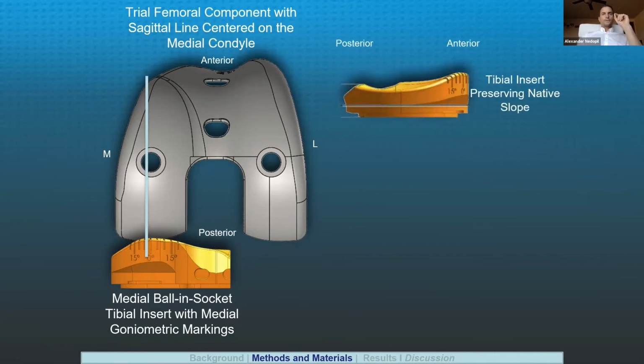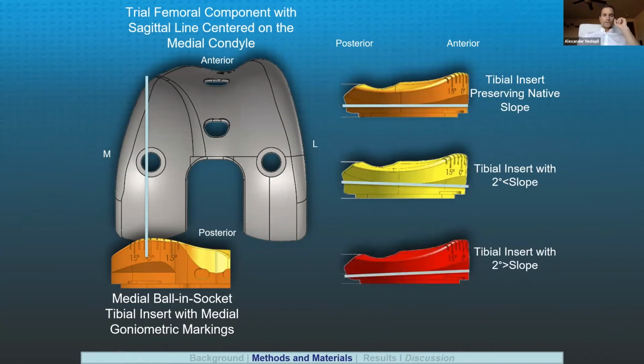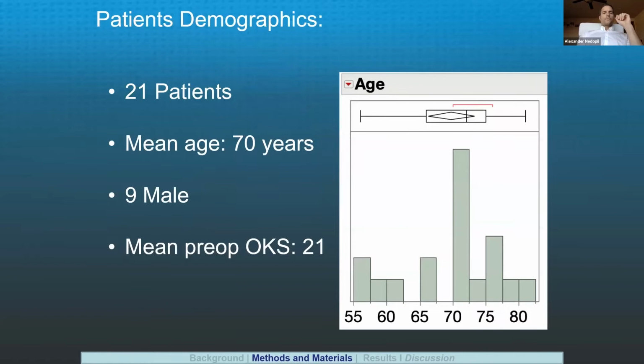To answer the question regarding the slope, we used 3 different slopes, one that preserved the native slope, one that decreased the native slope, and one that increased the slope. We included 21 patients, all were operated with kinematically aligned total knee replacement. Their mean age was 70 years, 9 of them were male. The pre-op Oxford knee score was 21 points, with the worst being 0 and the best being 48.